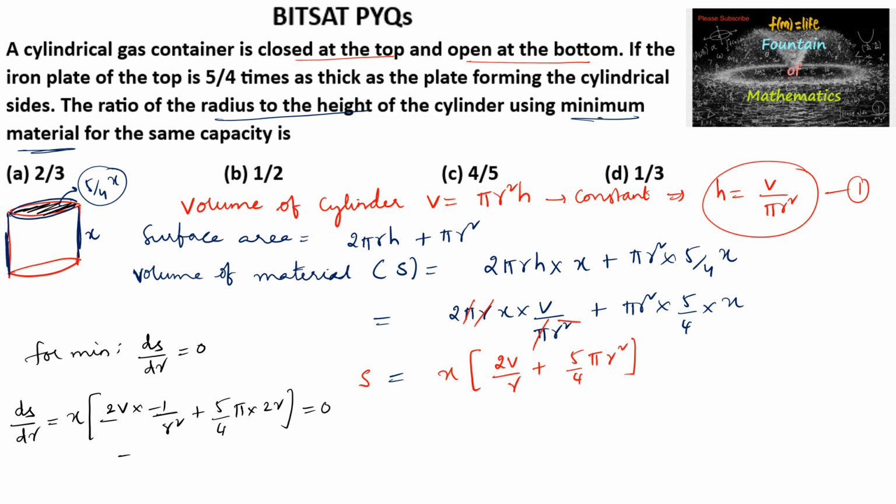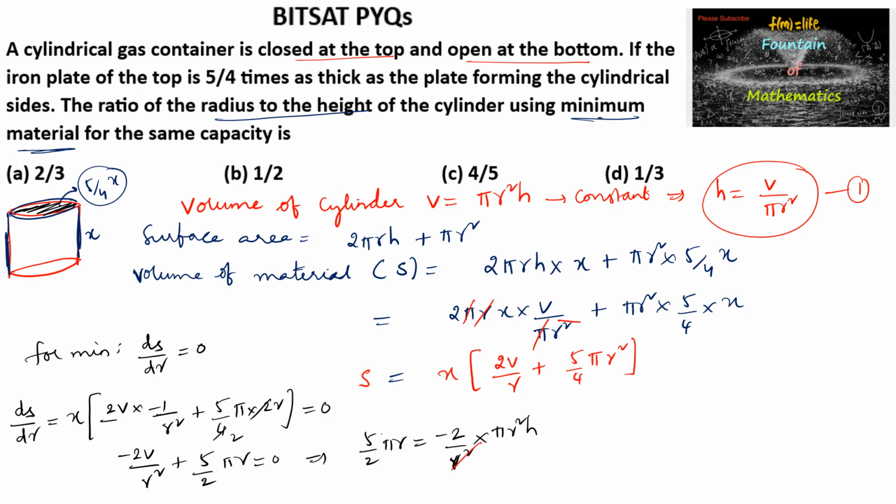So here we can write minus 2V upon r square plus 5 by 2 pi r is equal to 0, or we can say 5 by 2 pi r is equal to 2 upon r square into V, and V value we can consider to be pi r square h.